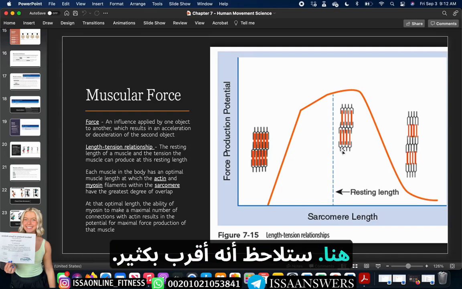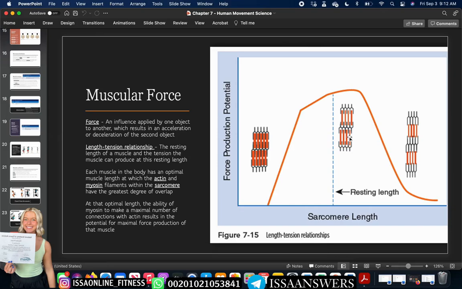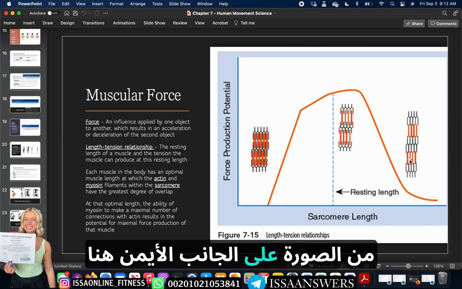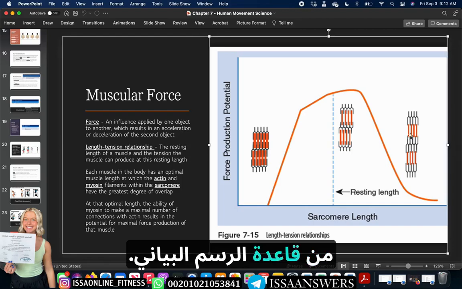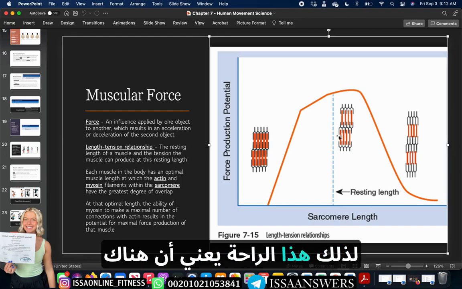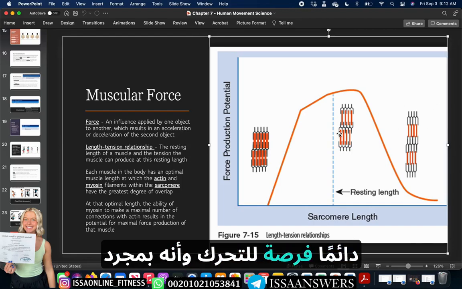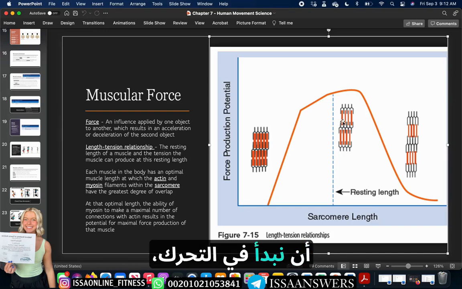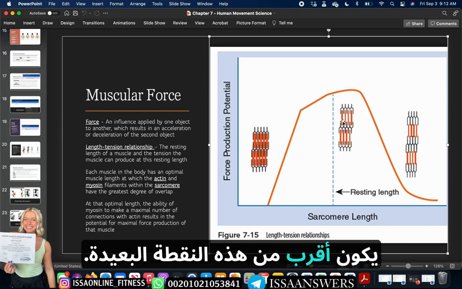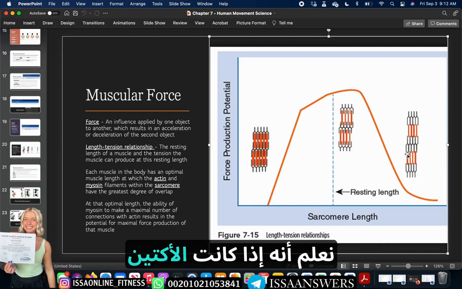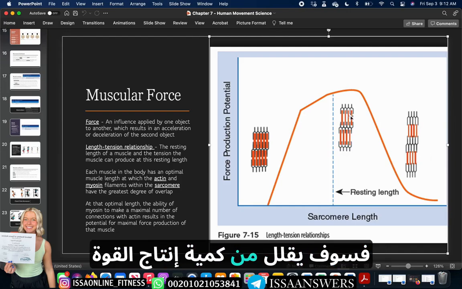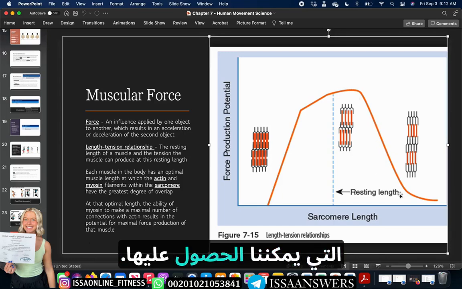In a resting length here, you will notice that it's very much closer than the right side picture at the base of the diagram. So this resting means that there is really always a chance to be on the go, and that once we start moving, it's closer than this far away point. Well, we know that if actin and myosin are too far away, it's going to decrease the amount of force production we can have.